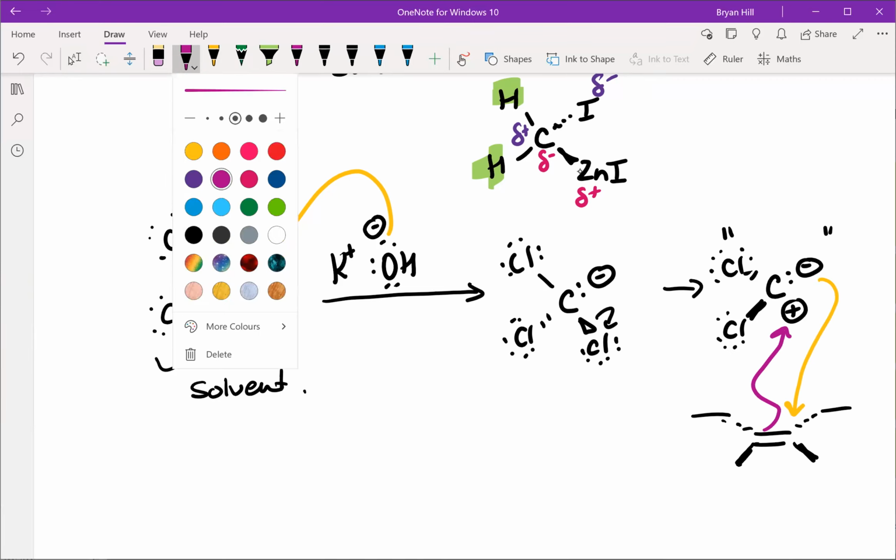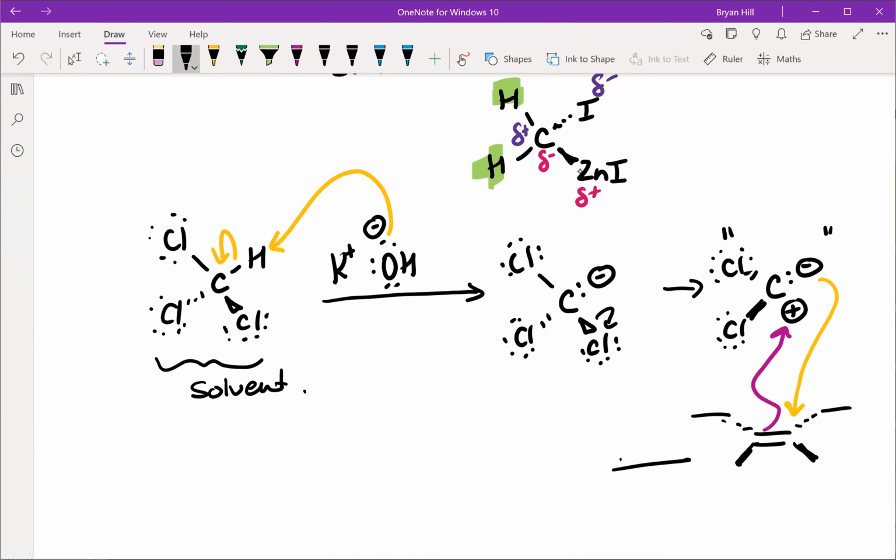With this carbene, the cyclopropane has two chlorine atoms attached to it.